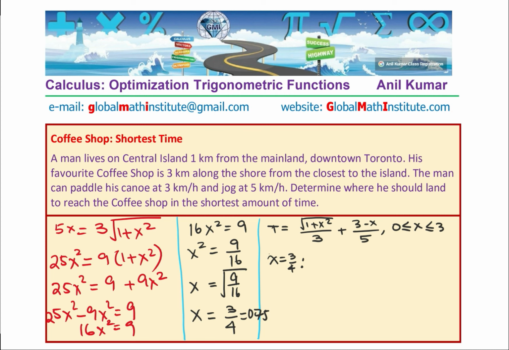So we have 1 plus x square, so we got 1 plus 0.75 square, square root of this answer divided by 3. And to this, we are going to add 3 minus 0.75 divided by 5. So we get 13 by 15, which is 0.866.